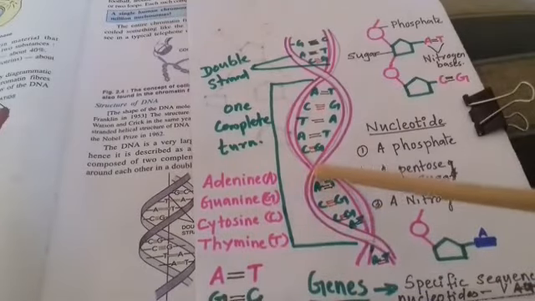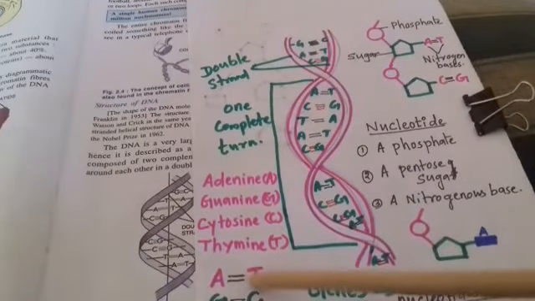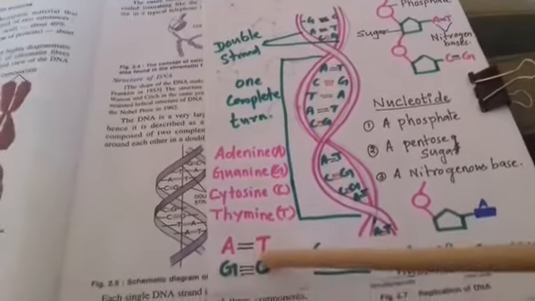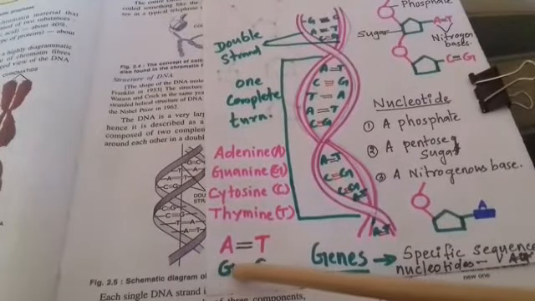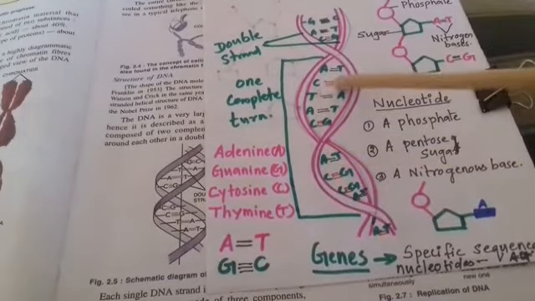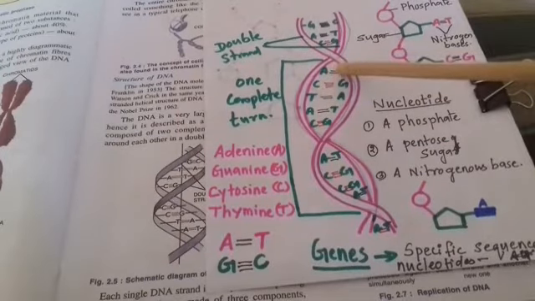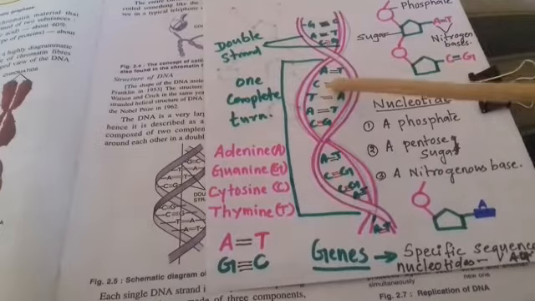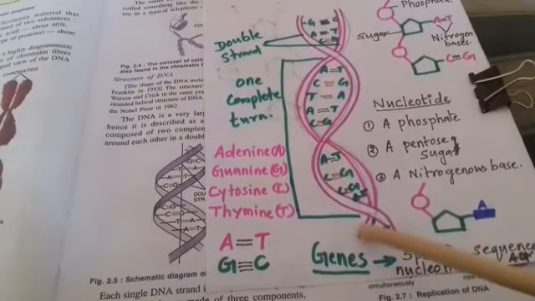The pairing is always adenine with thymine by means of 2 hydrogen bonds, and guanine with cytosine by means of 3 hydrogen bonds. In any model of DNA, you can see AT by 2 hydrogen bonding and CG by 3 hydrogen bonding. Vice versa also, TA and GC, like that it is arranged.